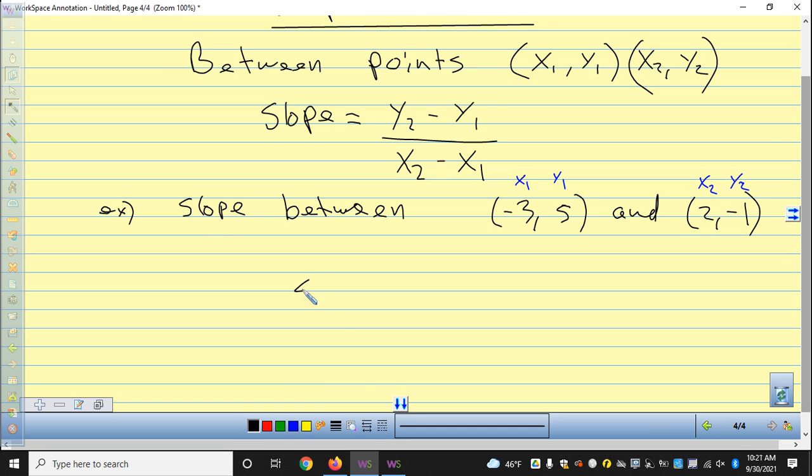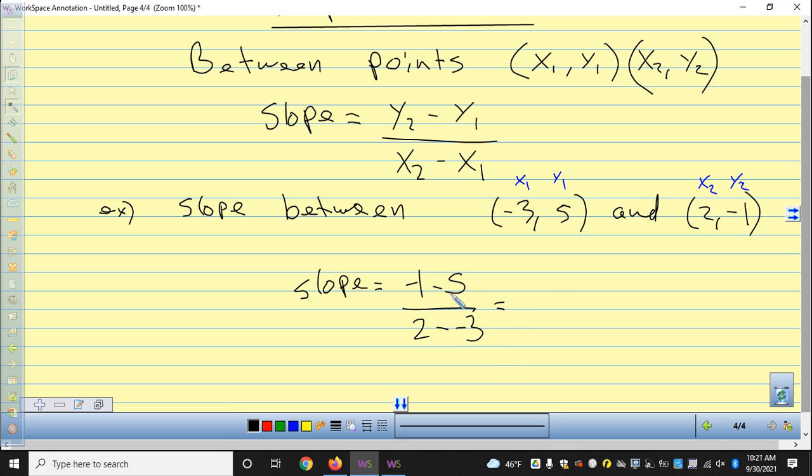So our slope equals y2, -1, minus y1, 5, over x2, 2, minus x1, -3.